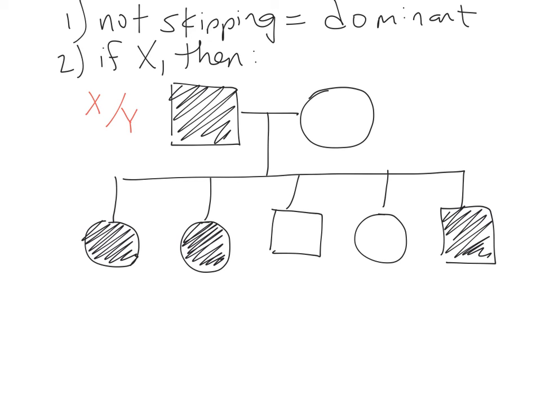He's got an X chromosome, he's got a Y chromosome. He shows the trait. Symbols filled in. He's got the disease, which means his X chromosome is plus or minus. Minus. Right? He's got the mutation that causes this phenotype, whatever it is.